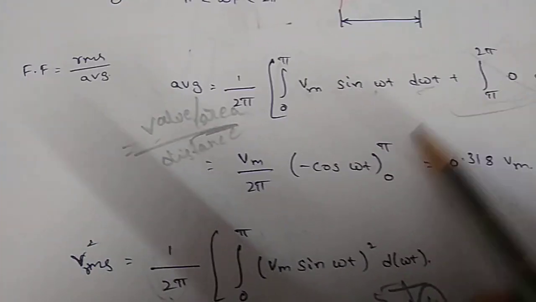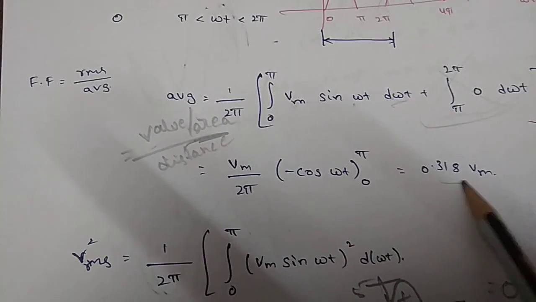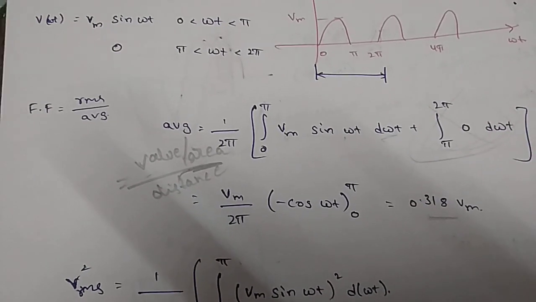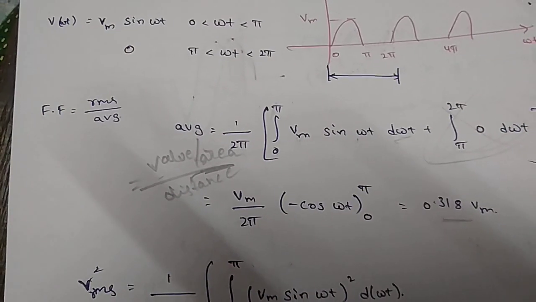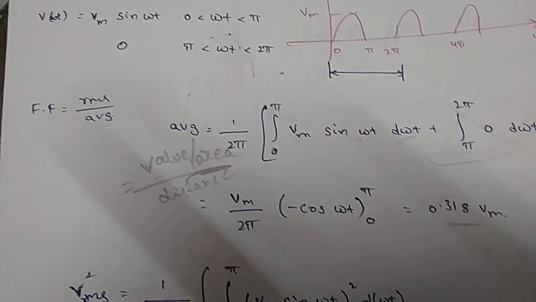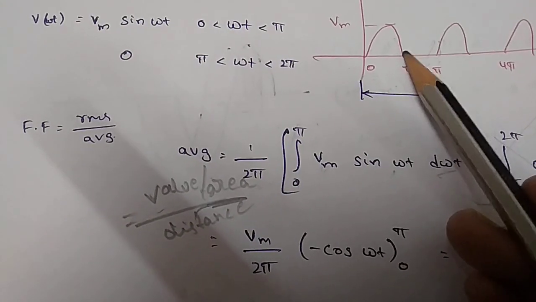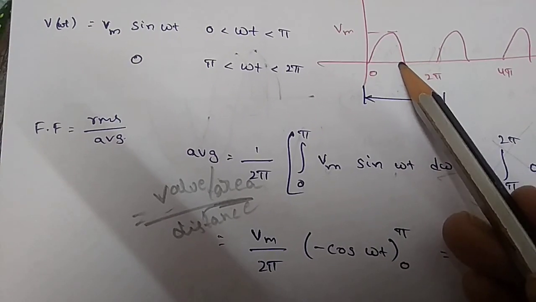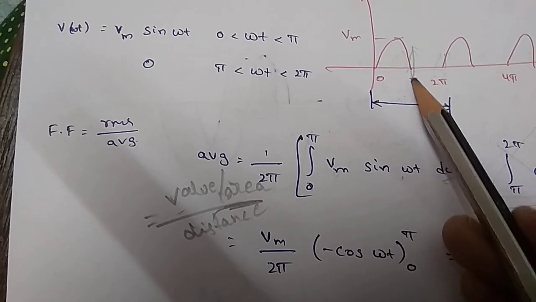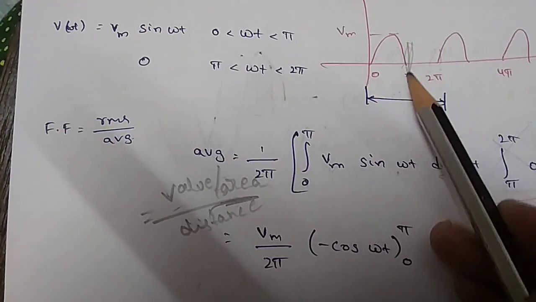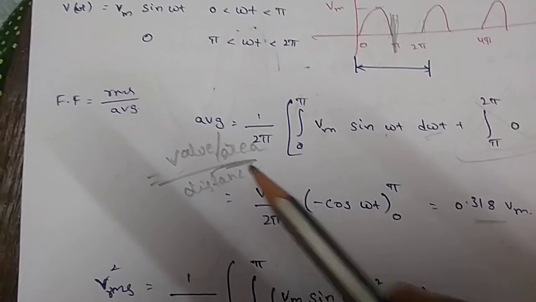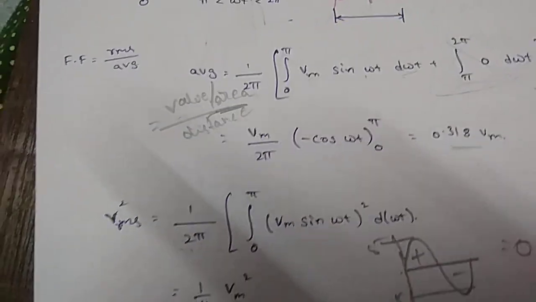Calculating this, this is the average value I got. Previously, you calculated the average value as 0.637. Why was it 0.637 there? Because there you considered the area for only the half cycle, so the distance was reduced, but here the total distance differs, so that's why it is different.